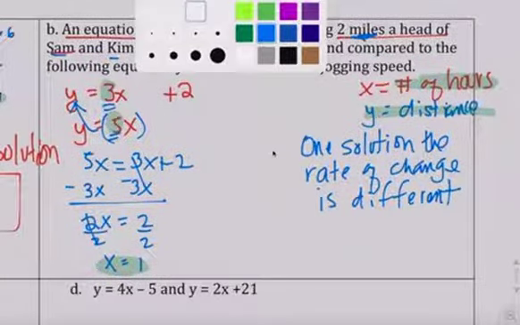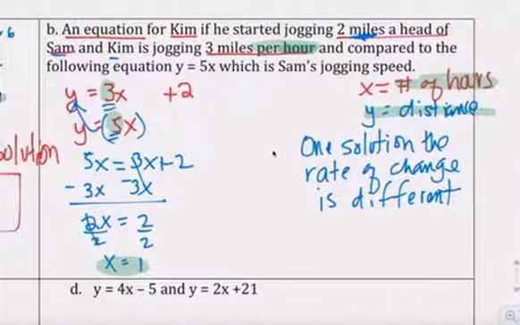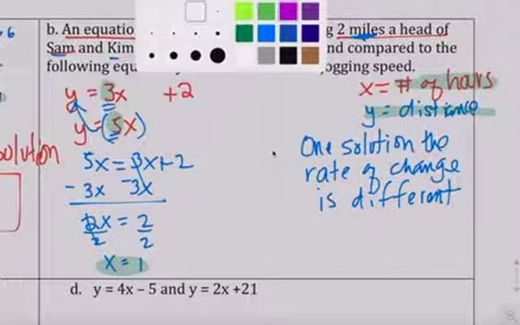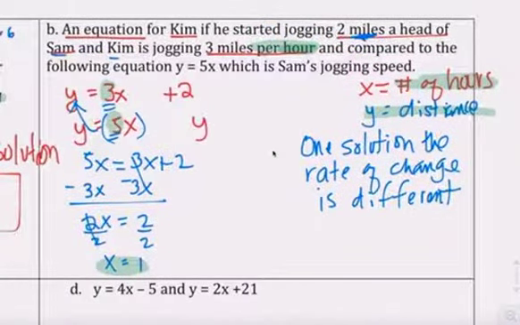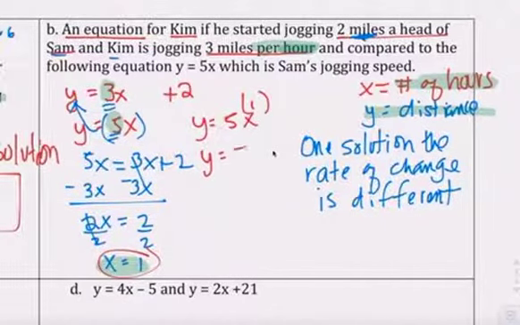We know it takes Sam an hour to catch up, but let's see the distance. We're going to use y equals 5x. So x is 1, 5 times 1 equals 5, y is 5. So at 5 miles, right?